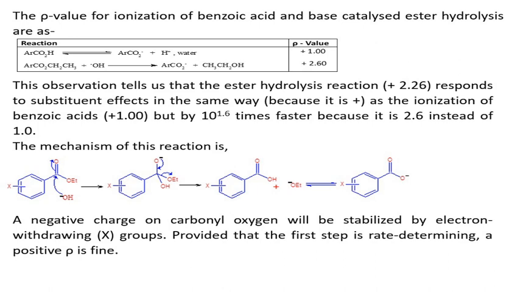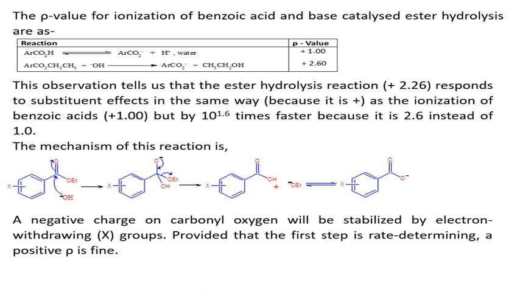Their ionization reaction was carried out. Rate constant was calculated, then log of kx, that is for substituted benzoic acids, upon kh, the rate constant for benzoic acid itself, was calculated.